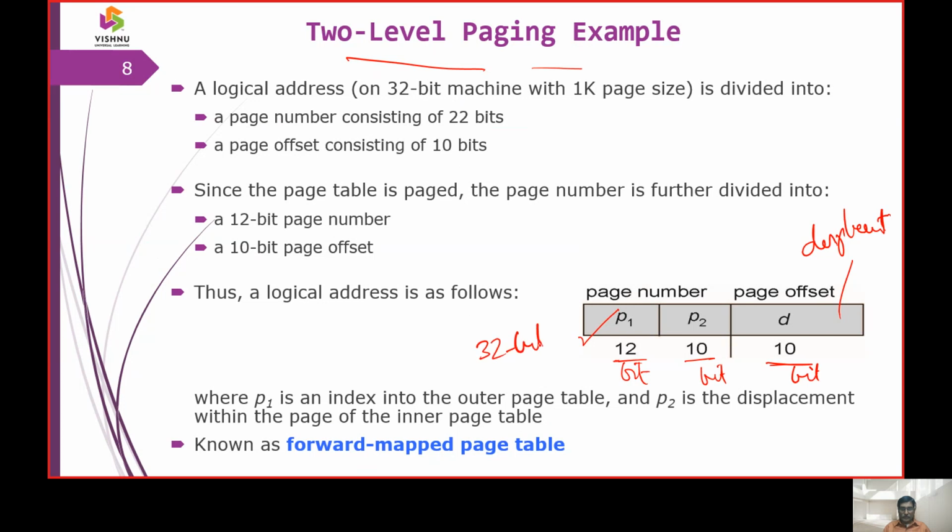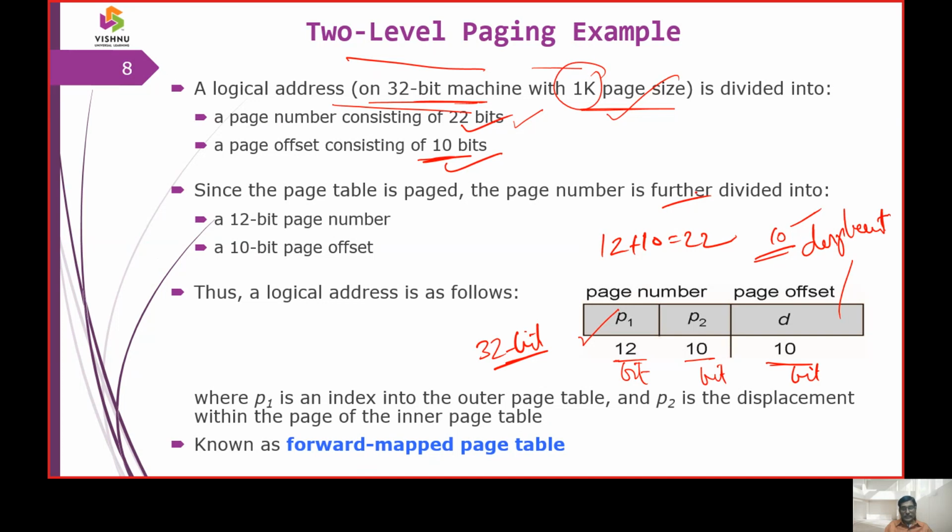Obviously we represent this with the 32-bit representation of an address, and we have a page size of 1 KB. The page number is going to have 22 bits, that is 12 plus 10, and the offset or displacement is going to be 10 bits.